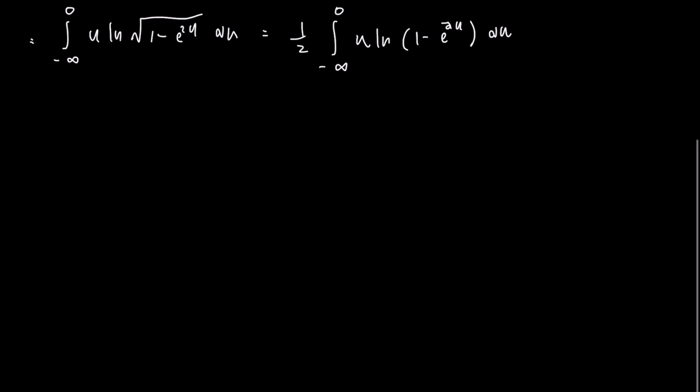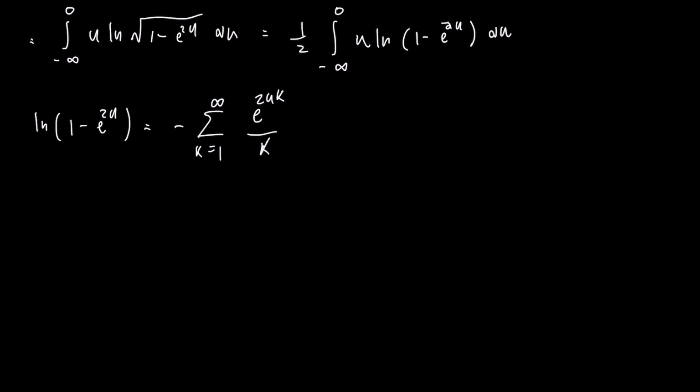And from here, we'll use the fact that the natural log of 1 minus e to the 2u can be rewritten as negative the sum from 1 to infinity of e to the 2uk over k.